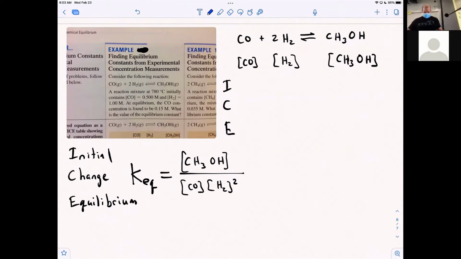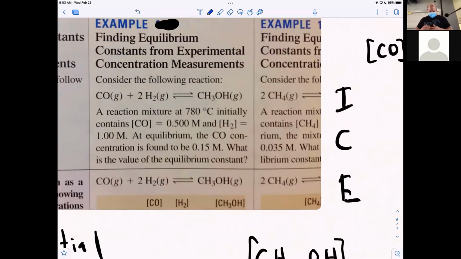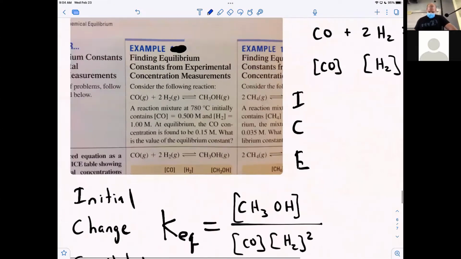So look at this problem. Consider this reaction: carbon monoxide plus 2 hydrogens makes methanol. Initial concentration has carbon monoxide 0.5 molar, hydrogen at 1 molar. At equilibrium, the carbon monoxide is 0.15 molar. What's the value of the equilibrium constant?